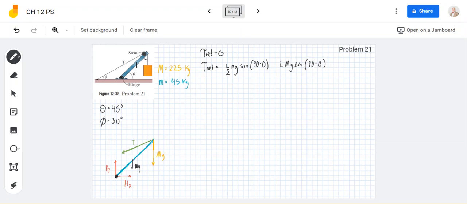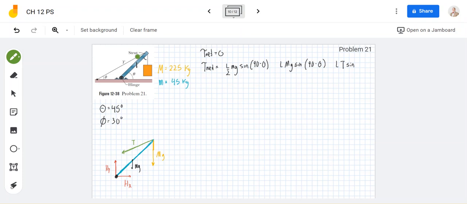And then I have one more. I have this tension here also acting at L. Now, this is the hardest part of the problem, trying to figure out what angle that is.